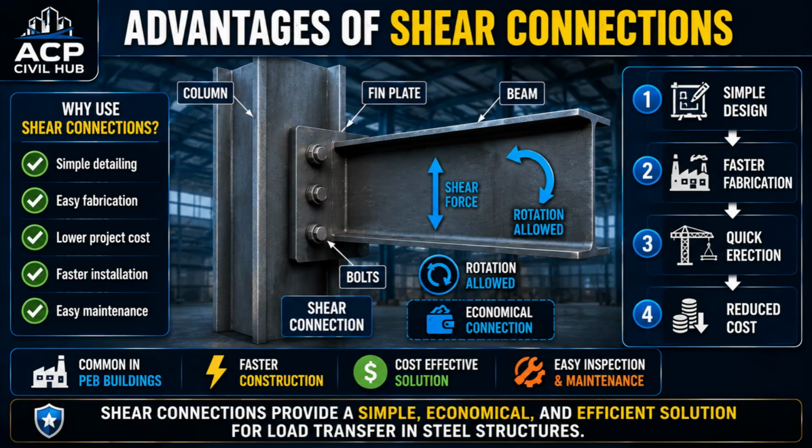Shear connections are generally more economical and faster to install on site. For this reason, they are widely used in PEB structures, warehouses, industrial buildings, and other gravity load systems. Their simplicity makes them one of the most commonly used connection types in steel construction.